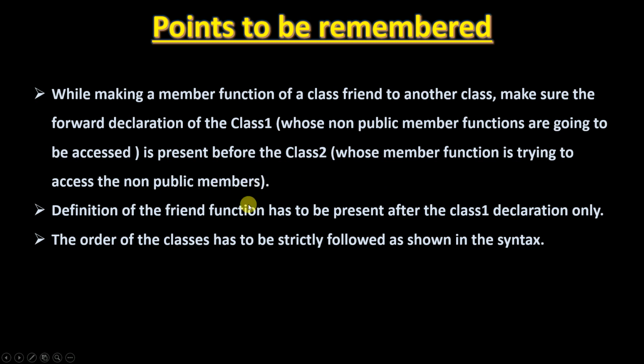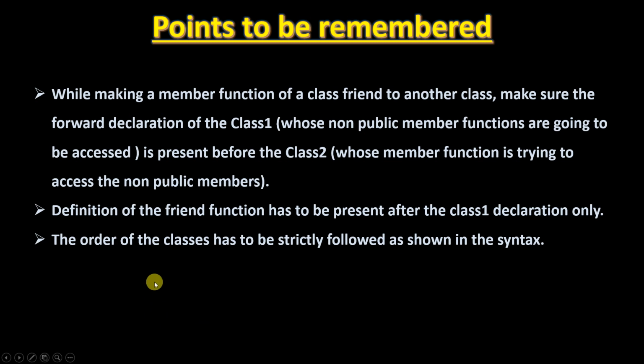Now, the definition of the friend function has to be present after the class 1 declaration only. Why do you have to give it after class 1? Because if you give it before class 1, then class 1 will be treated as an empty class. So then you cannot blindly guess that class 1 will be having these data members. So you have to change the order.